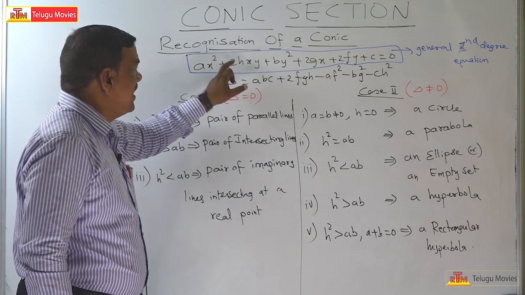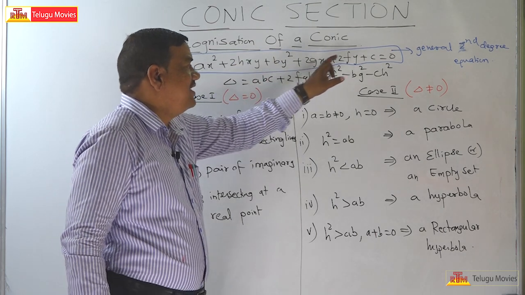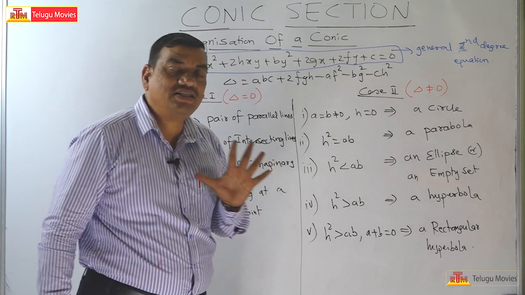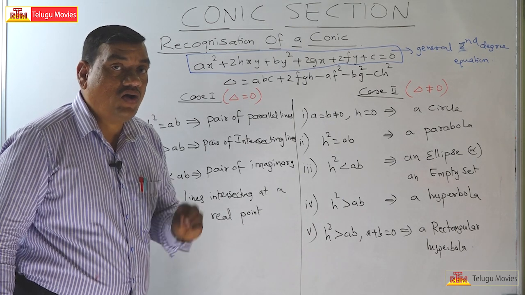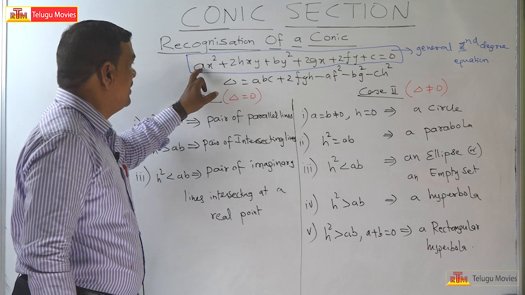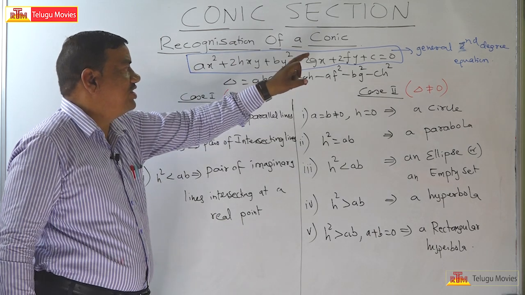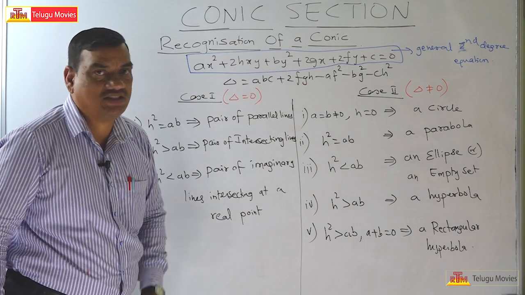Here a, h, b, g, f, c, six numbers are there, they are called constants.